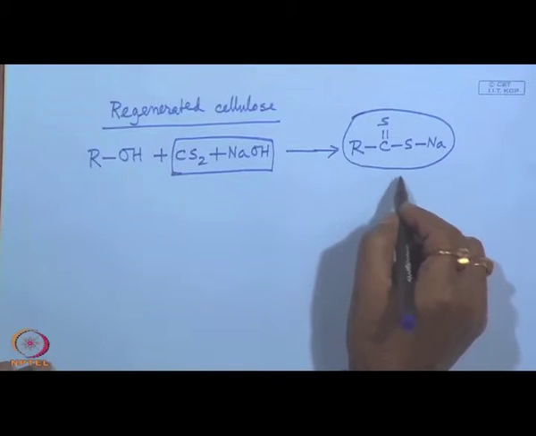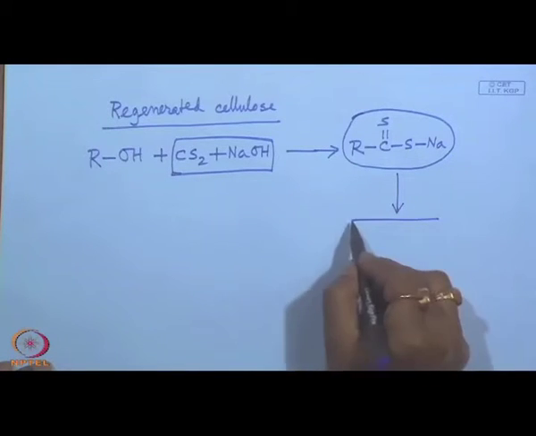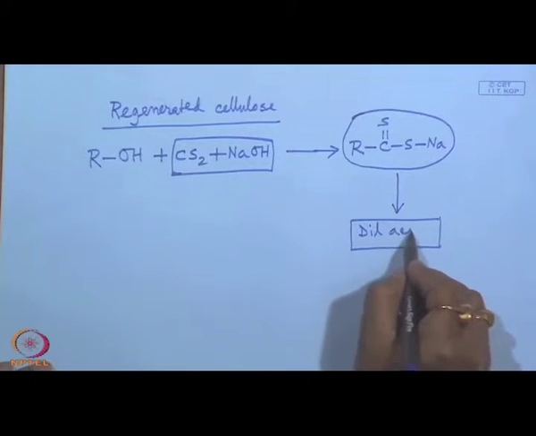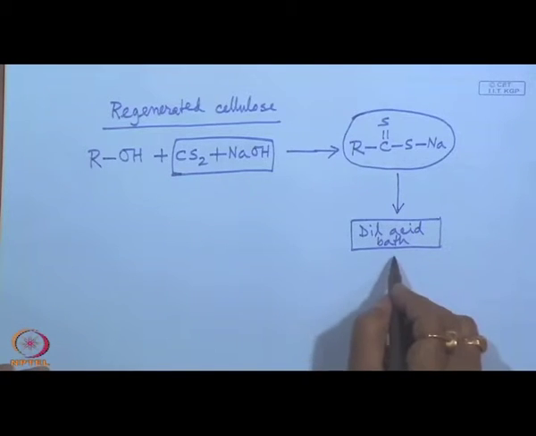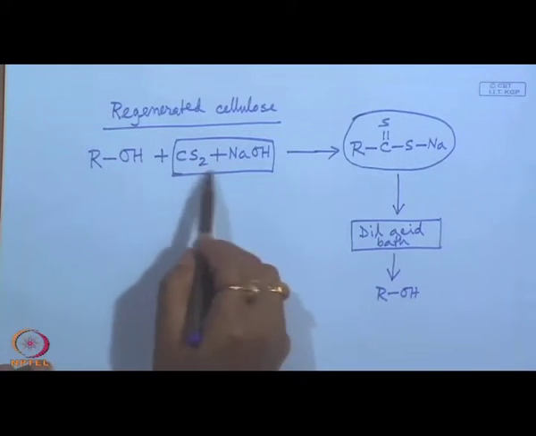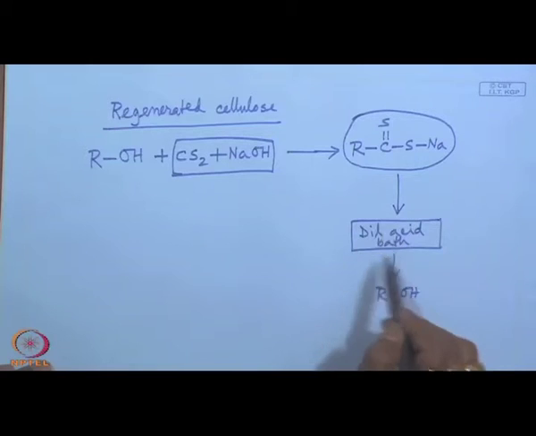It forms a viscous solution in water. Then, if it is put in an acid bath, say a dilute sulfuric acid bath, cellulose will be regenerated. Now, this process of treatment of cellulose with carbon disulfide and sodium alkali and then reprecipitation in an acid bath gives back the cellulose.